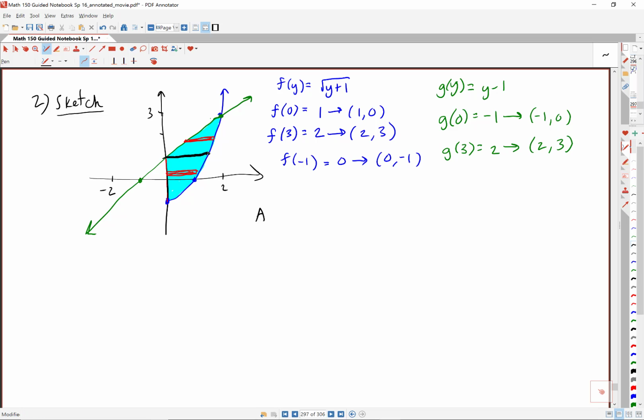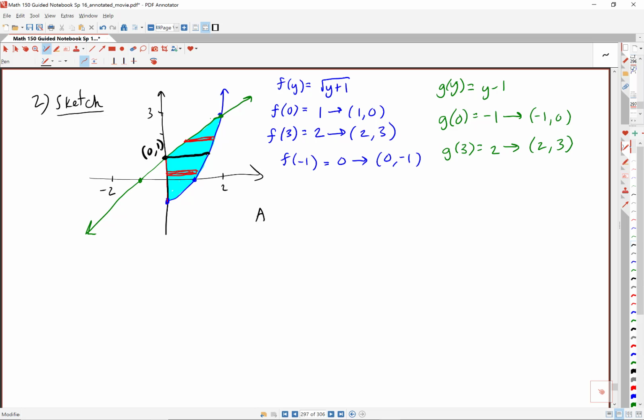and remember this ordered pair right here is going to be 0, 1. Okay, so far? So, here we go.